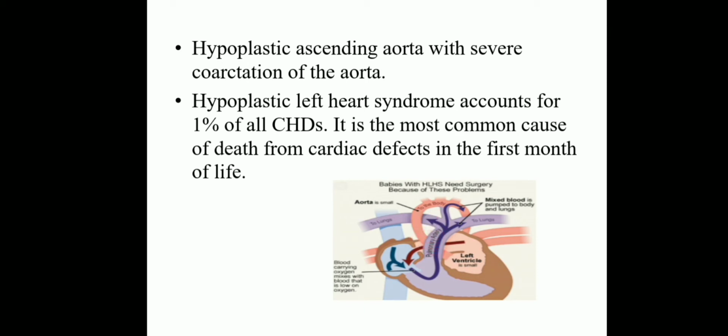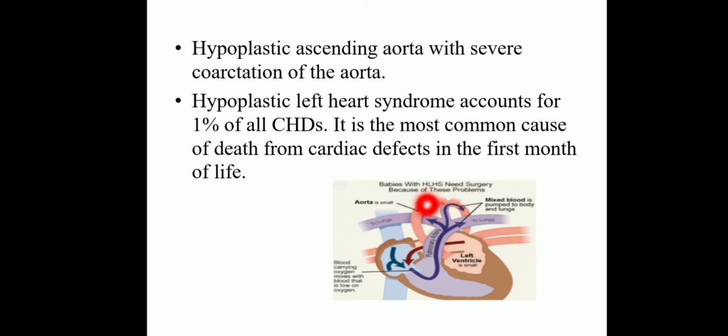Hypoplastic left heart syndrome accounts for 1% of congenital heart disease. It is the most common cause of death among cardiac defects in the first month of life. Why does it occur? The left ventricle holds the oxygenated blood, and the aorta has to pump the blood to the body.